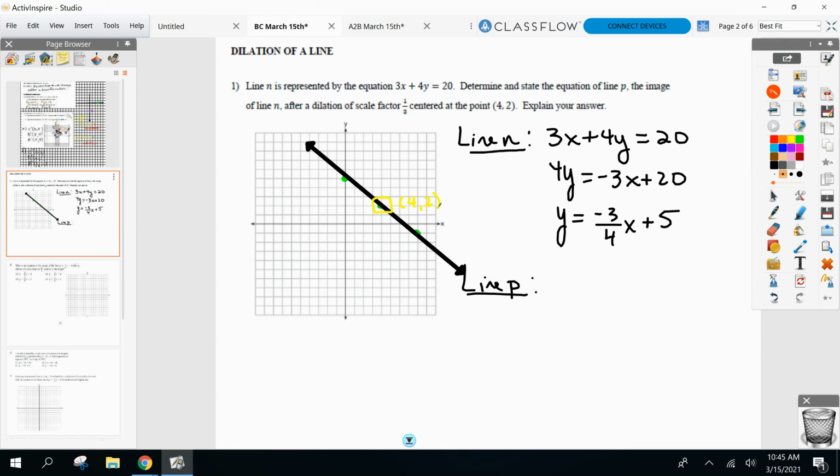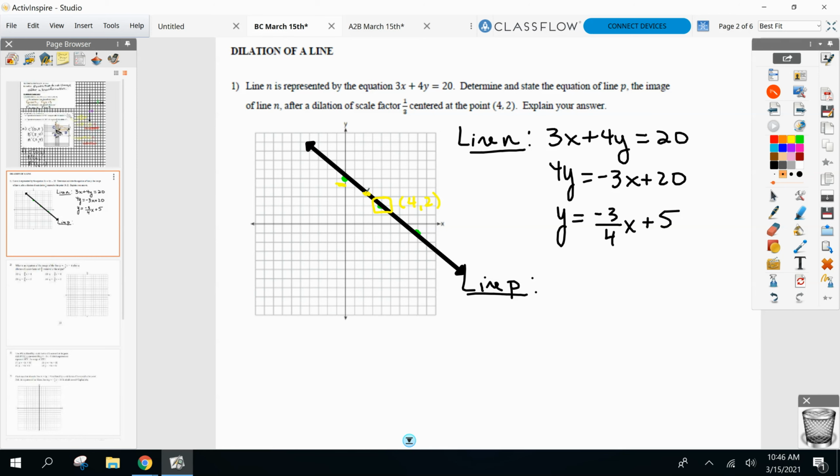Let me take my y-intercept and get closer to (4, 2). Where's that point still going to be? It's still going to be somewhere on the line, isn't it? If I take my y-intercept and get 1/3 of the way closer to (4, 2), I don't know exactly where it's going to be, but I know it's going to land on the line.